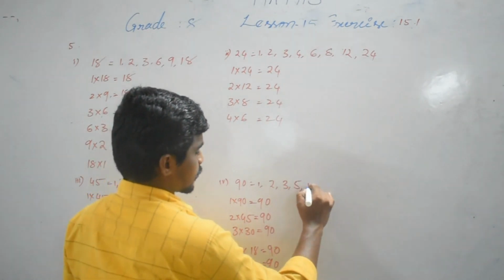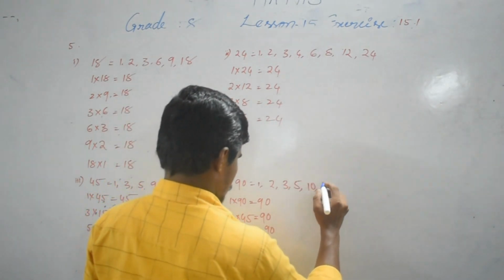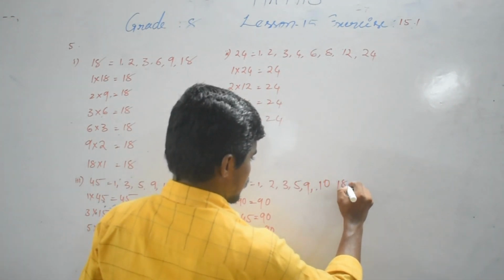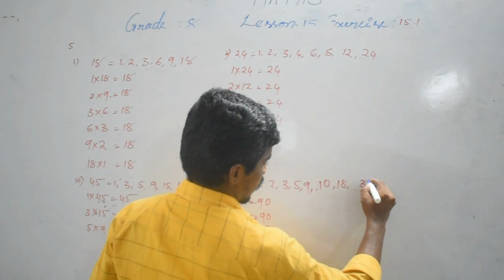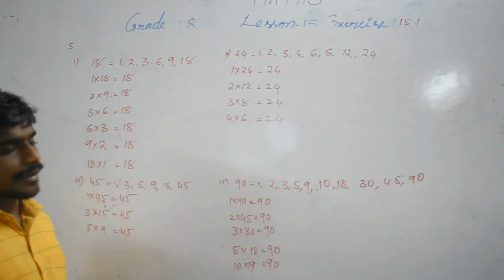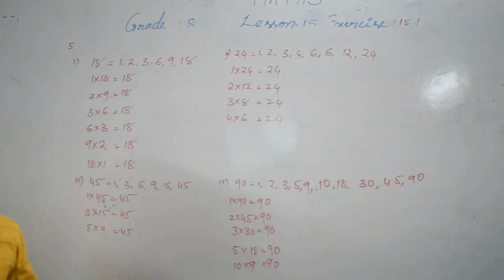So the factors are 5, 9, 10, 18, 30, 45, 90. Remaining is 195, write that one. Next one.